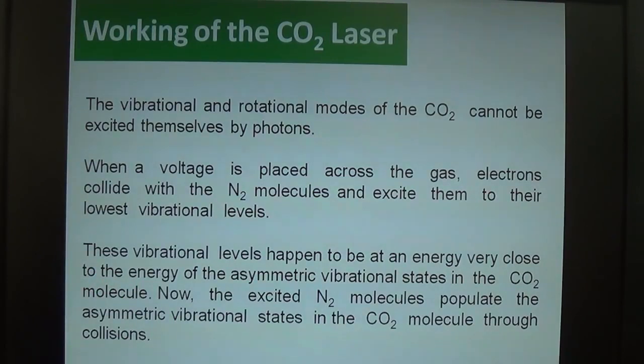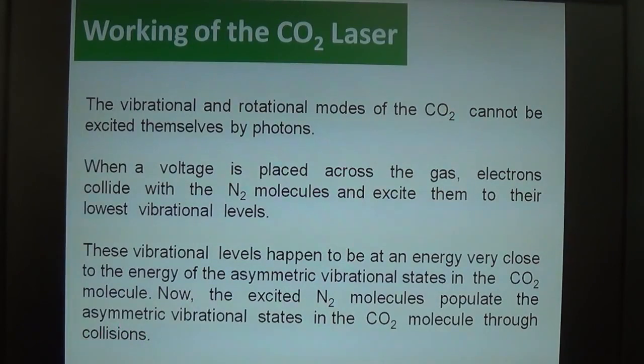So when these excited N2 molecules collide with the CO2 molecules, the CO2 molecules come into the asymmetric vibrational state.